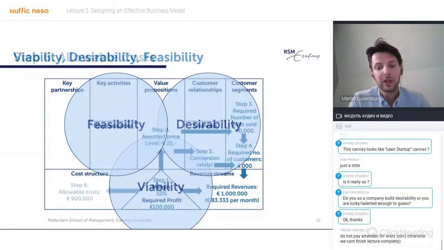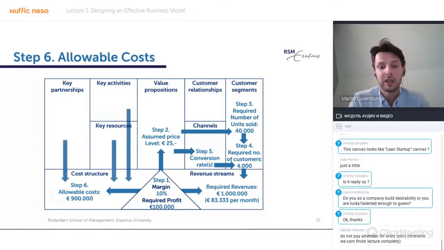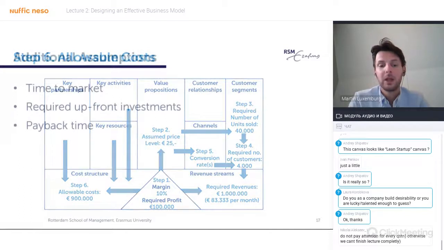So if we go to the left side, 1 million revenue, minus profit, that means that you're only able to have 900,000 of costs. Seems really simple, but if you put it here, you are able to calculate back towards the activities and the resources that you are able to afford up to the 900,000 of your costs, right? So the key activities, partnerships, and the resources, they all go back into that 900,000.